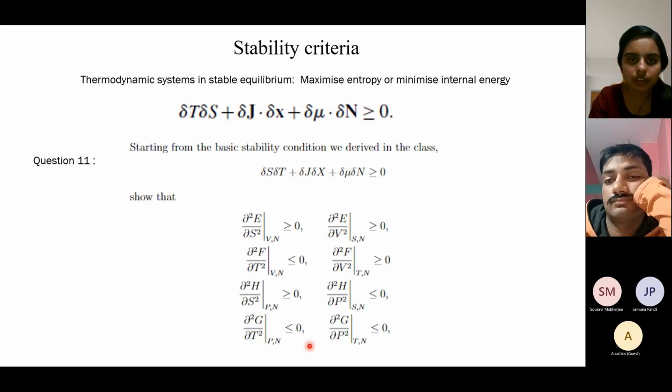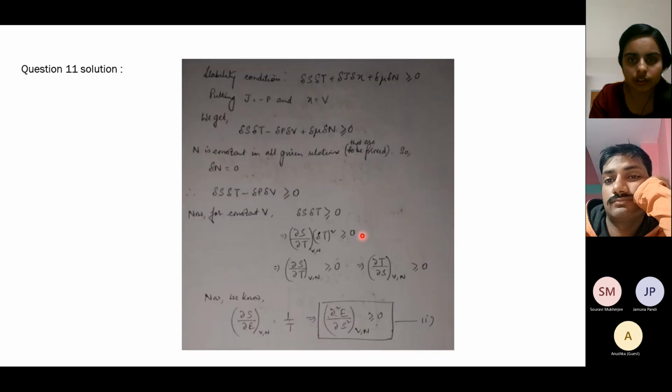Okay. So now we start with this and we see how we derive these inequalities. I'll first tell you the first one and then we'll see if we can understand how to proceed with the other ones. Okay. So this is your stability condition. Now what we want to show is this. So here, if you see, volume and the number of particles, n, are constant.